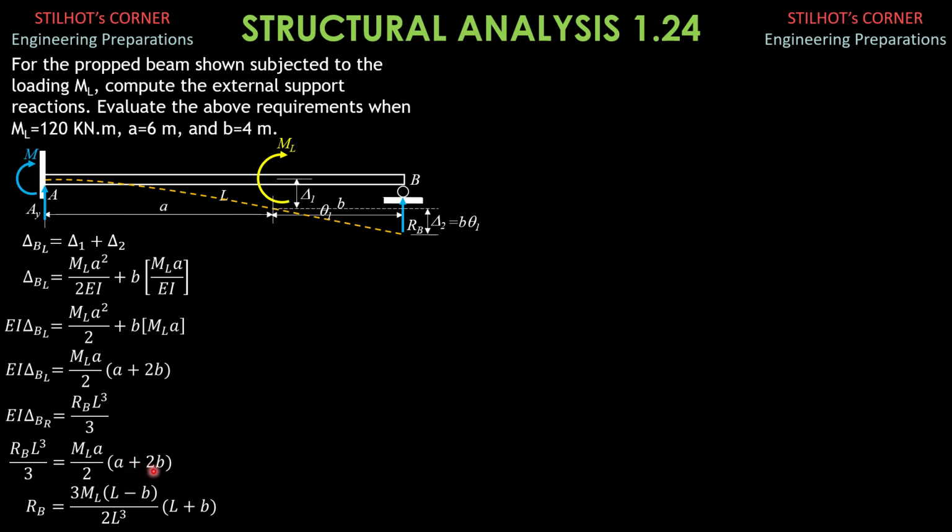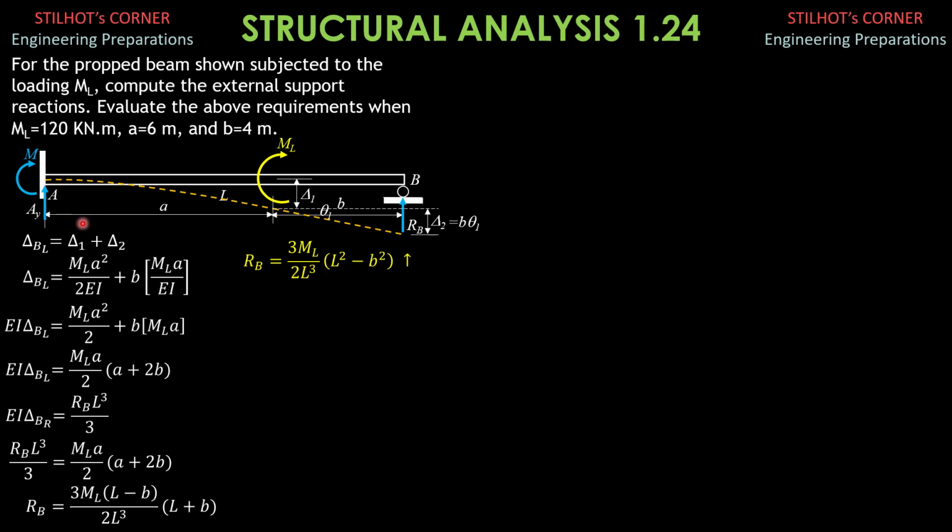A plus 2B is A plus B plus B, and A plus B is L. Then there is another B, so L plus B. Multiplying these two, RB therefore is 3ML over 2L cubed quantity L squared minus B squared. So that's the compact form of the reaction at B.